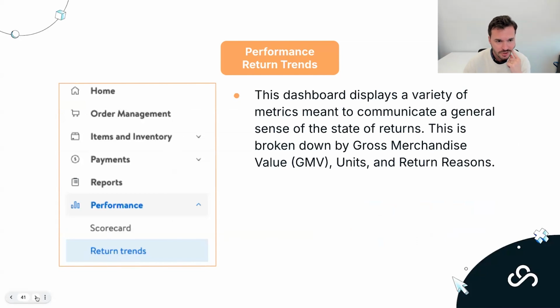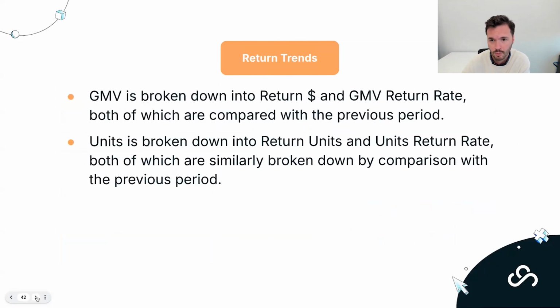And then your return trends. This used to have its own tab, the returns tab, and then they put it under performance here. But this is basically what's the state of your returns. It's broken down by GMV, units, and return reasons, depending on how you want to look at it.